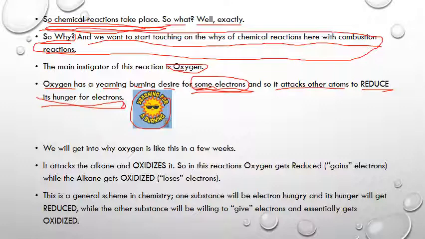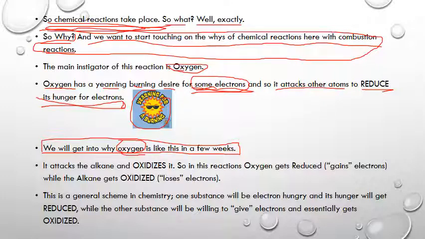And we'll go over why oxygen's hungry like that when we get into atomic structure. We'll find that oxygen's one of the hungriest atoms out there. There's only one other one, but every other element is sort of prey to oxygen.